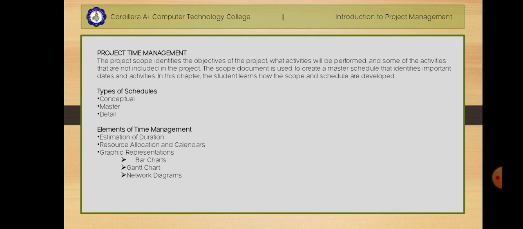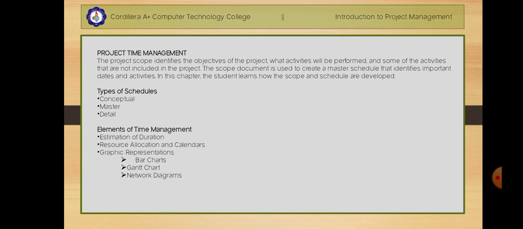When we say conceptual, when the scope of the project is being determined, a simple schedule is developed that shows the major tasks and approximate start and end dates, to allow senior management to make a decision about the scope of the project. Detail is not required at this stage, because an entire task might be dropped from the scope or the whole project might not be approved. Okay, so that is the conceptual.